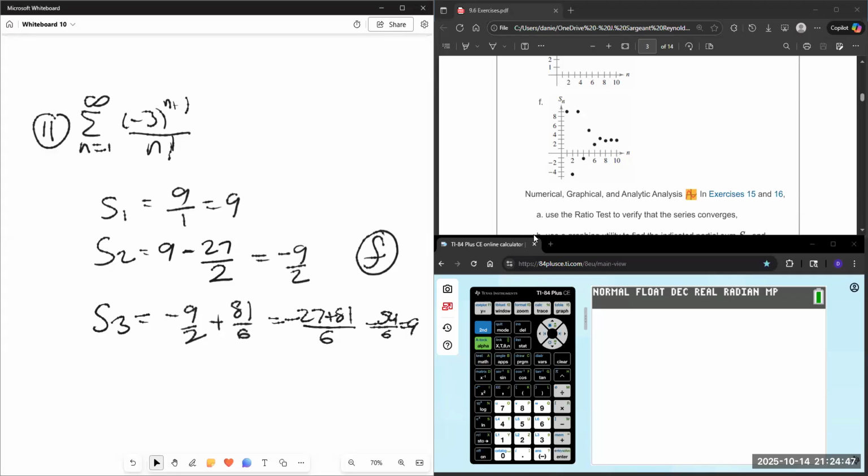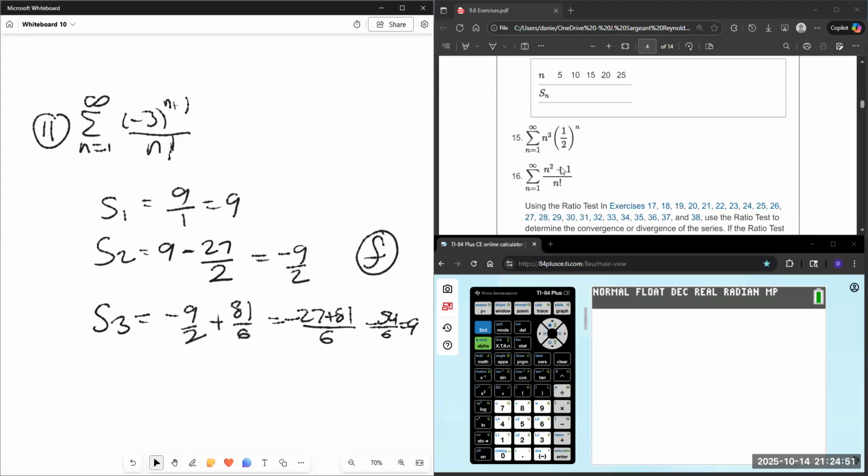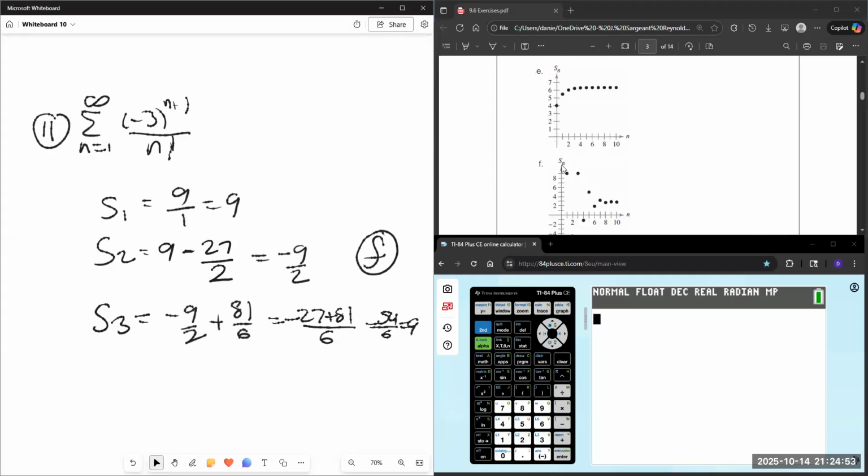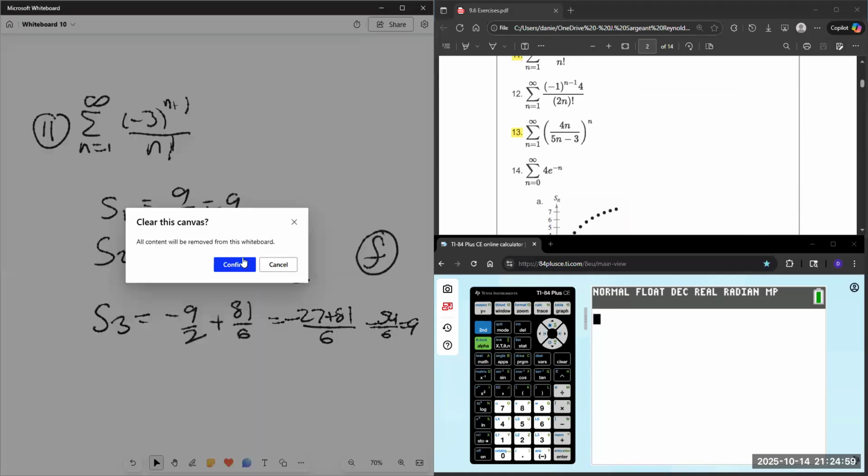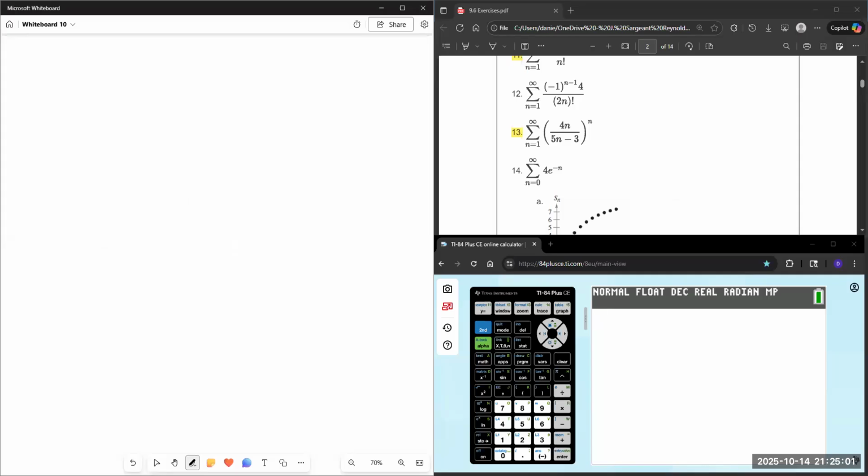Let's look at number 13, which is part of the same matching group. It says the summation from n equals 1 to infinity of n over (5n minus 3)^n.